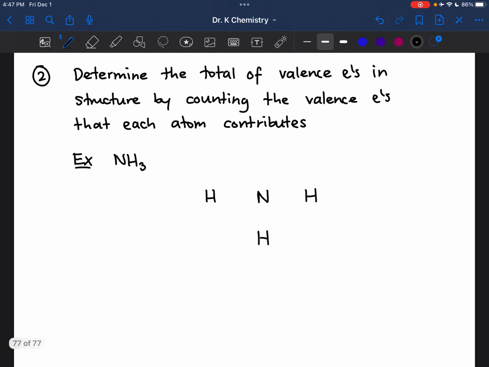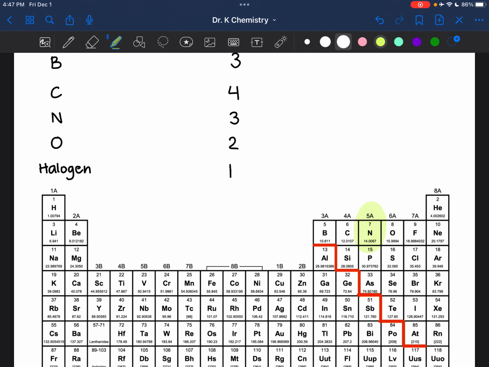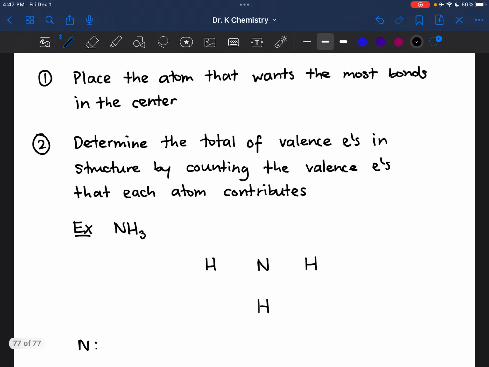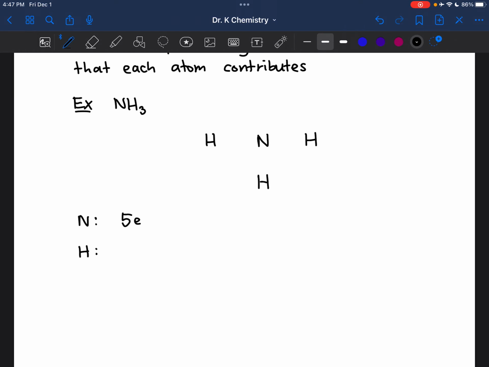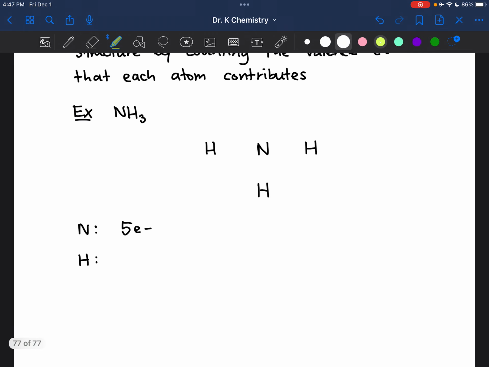Using rule number 2, I need to figure out how many valence electrons are present in that entire structure. And for that, I'm going to count how many valence electrons each atom contributes. Looking at the periodic table, nitrogen contains 5 valence electrons. And hydrogen contains 1 valence electron.